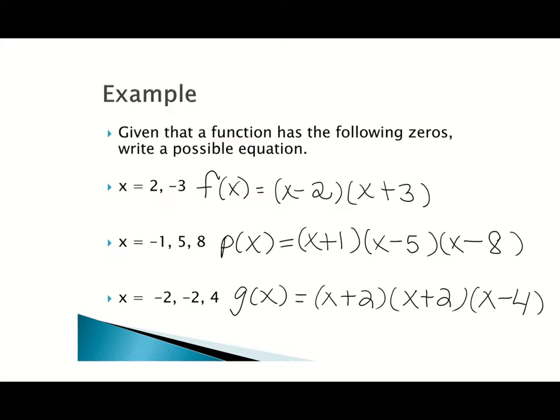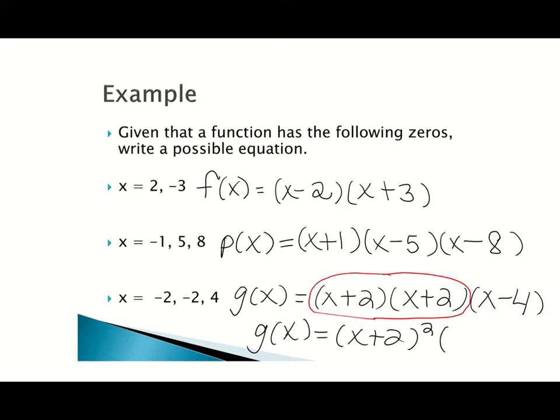Now we can see here that these two factors are the same. So since these two are the same, we have a multiplicity of 2. So we can go ahead and simplify this to x plus 2 squared times x minus 4. And this is what we would want our final equation here to look like.